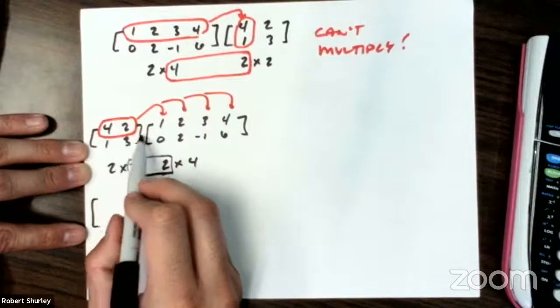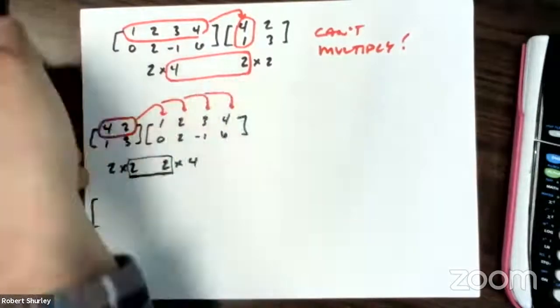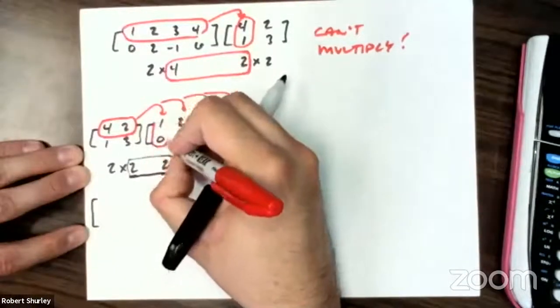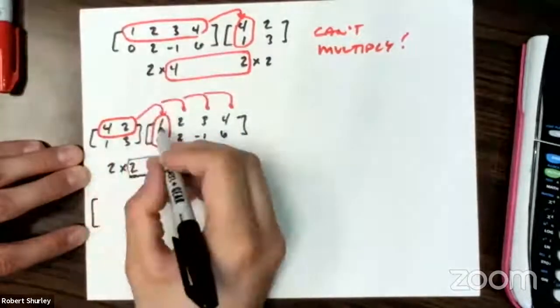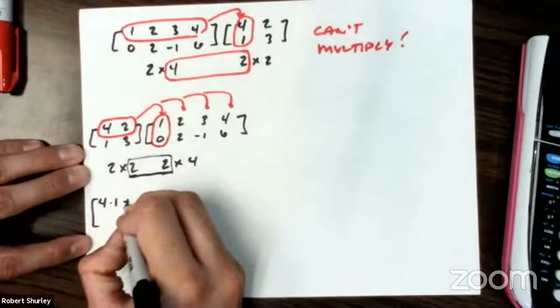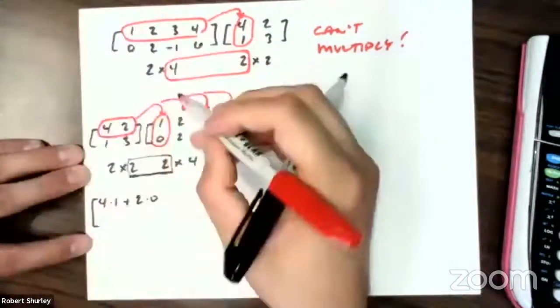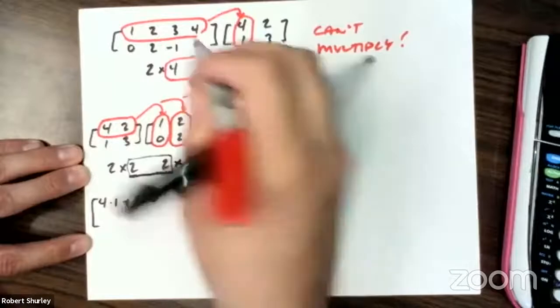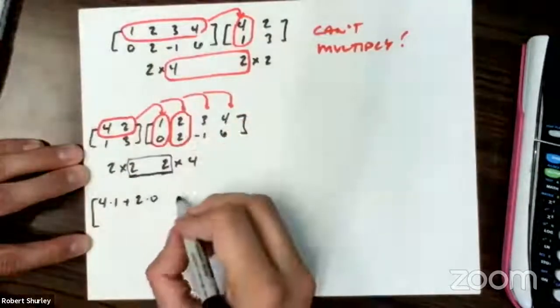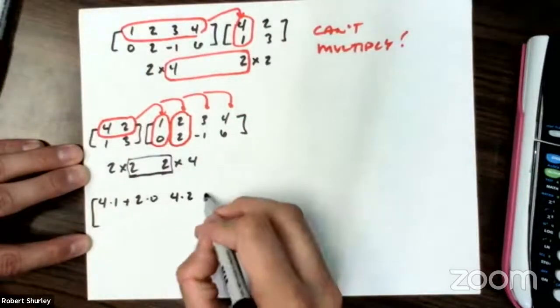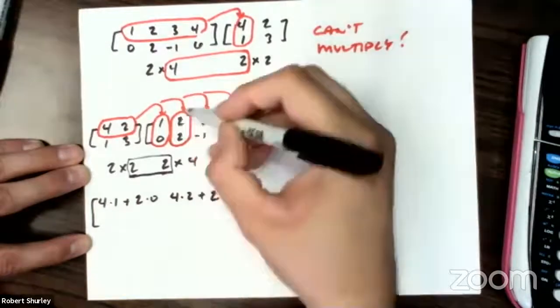So I'm going to take this row and I'm going to dunk it into each one of these, right? All 4 of them. Okay, so I'm going to write this out. So I take 4, 2 and I dunk it into this first column. The 4 is going to be on top of the 1. So 4 times 1 plus 2 times 0, right? Then I'm going to dunk it in the second one, which they're both 2. That's kind of nice. But the 4 will be on top of the 2 plus the 2 on top of the 2.